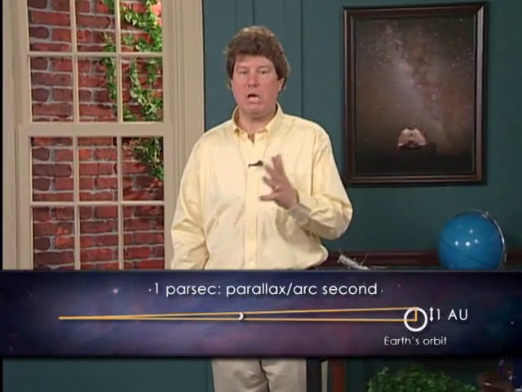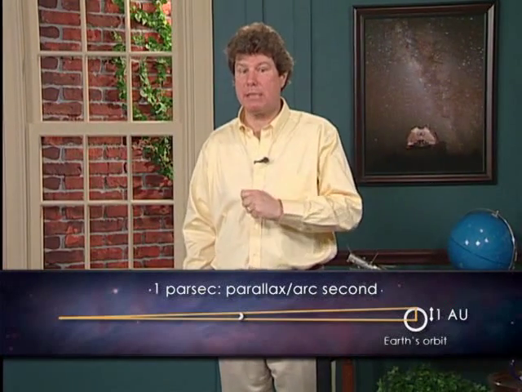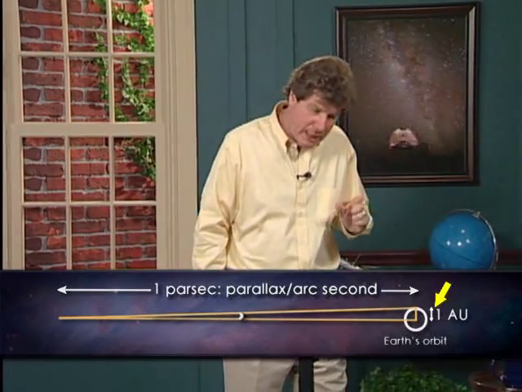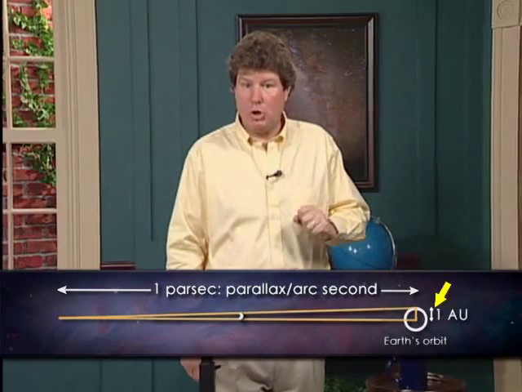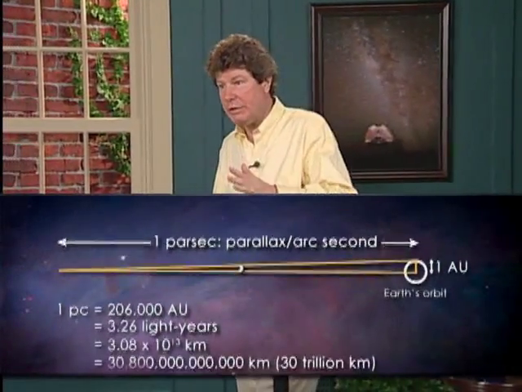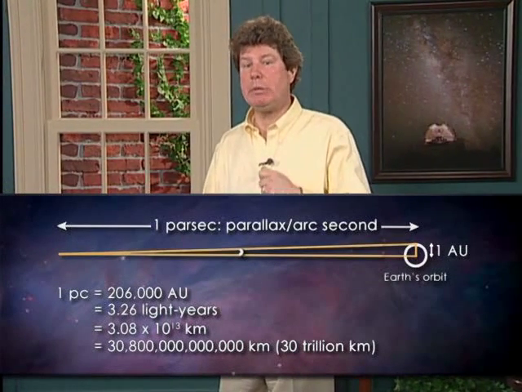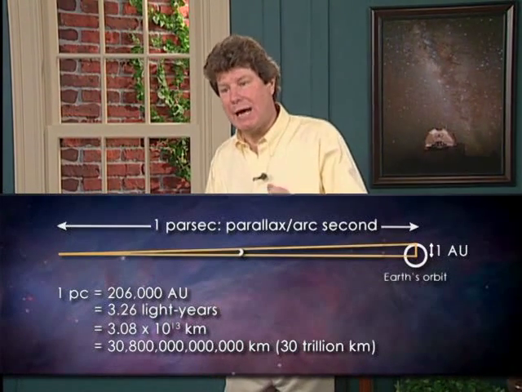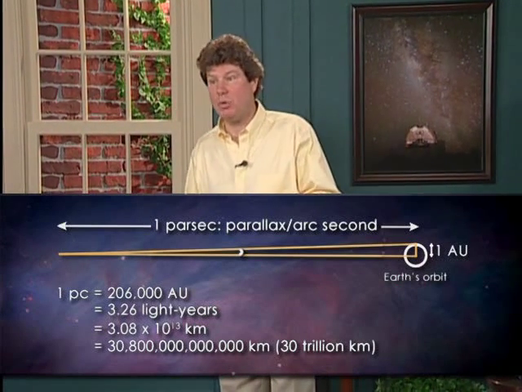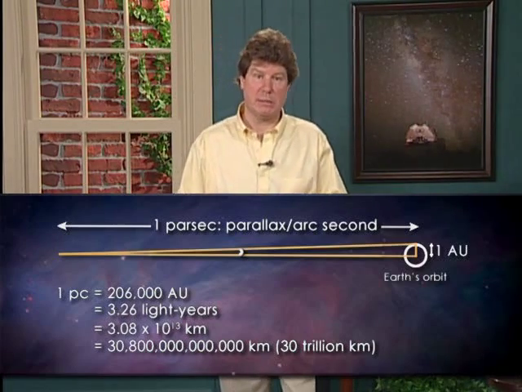Now, at this point, I'd like to introduce and then immediately ignore a famous unit of distance that astronomers often use called the parsec. The word comes from a contraction of parallax and arcsecond, and it's simply the length of a slim triangle whose base is the radius of the Earth's orbit, 1 AU, and whose apex angle is 1 arcsecond. So from what we've just learned, you can see that a parsec is simply 206,000 astronomical units, or 3.26 light years, or a little more than 30 trillion kilometers.